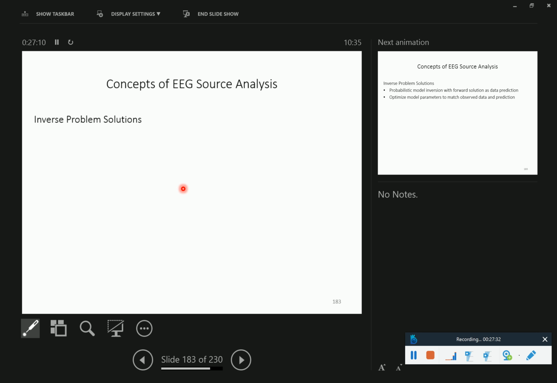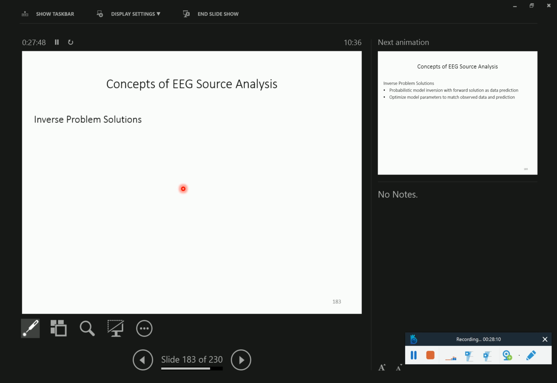And here the analogy would be that the forward problem tells you, given certain parameters, which are the activities of the sources, what your expectation for the data is. So Y would be the electrode potential at the scalp. And now you are given the electrode potential at the scalp, and you have to compute the parameters, that is the activities of your sources, under the constraints of the forward problem, under the constraints of the design matrix.